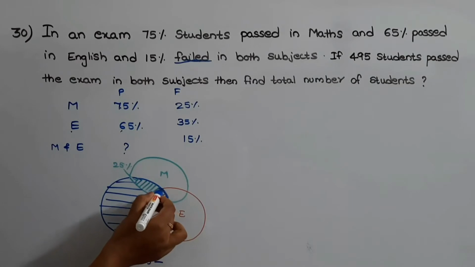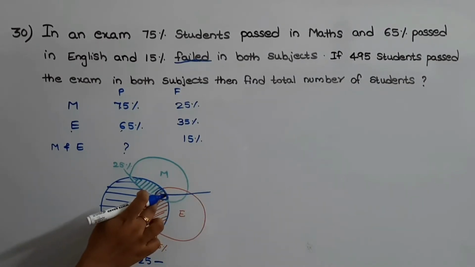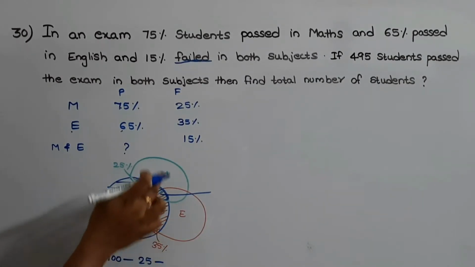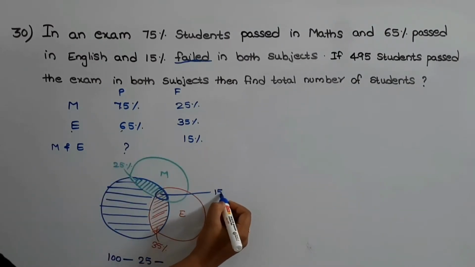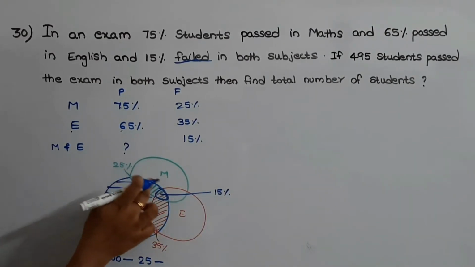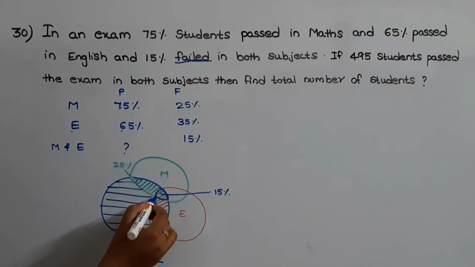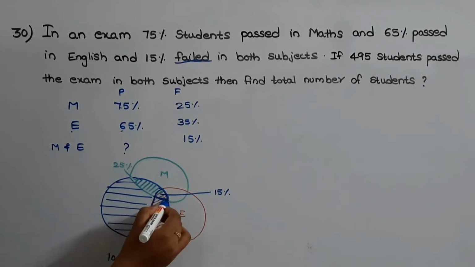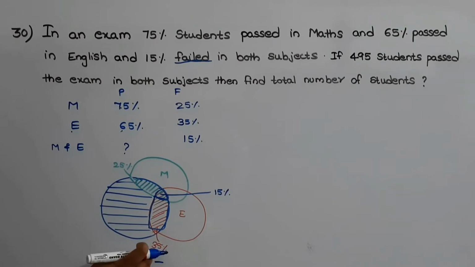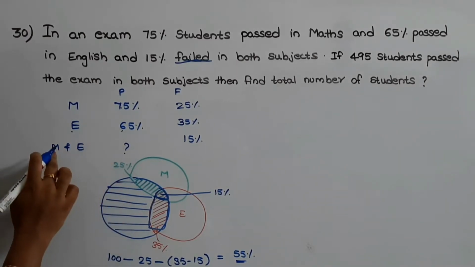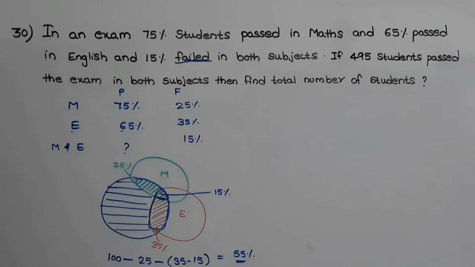The percentage of the students who failed in both maths and English is given as 15. And this part is already included in this green portion. So we need to now subtract only this part. This part is 35 minus 15. So if you solve this, you will get 55%. So the percentage of students who passed in both maths and English is 55%.